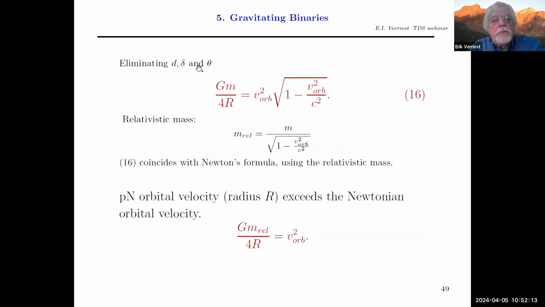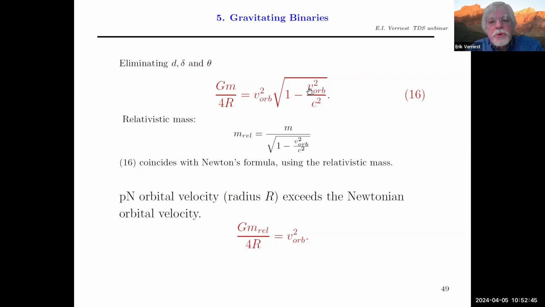And we end up with this relation. If we eliminate d, delta, and theta, this is the relation. So r is the radius of the orbit, and v orbit is the orbital velocity. So Newton's prediction would be 16, but without a square root. And with the post-Newtonian, we have this relation here.